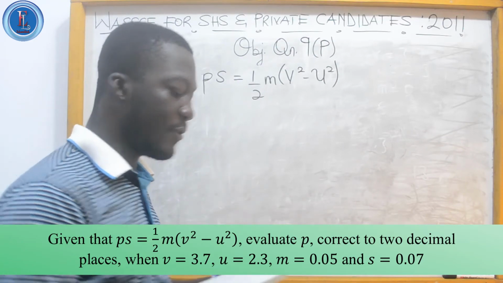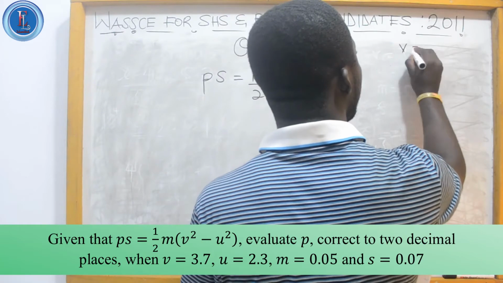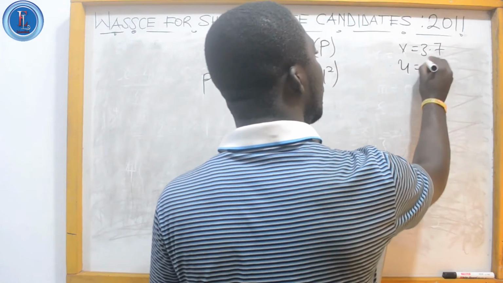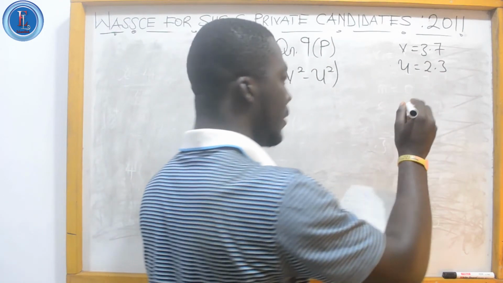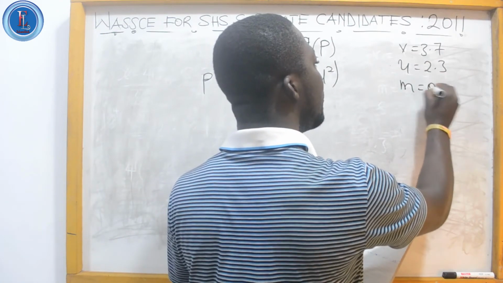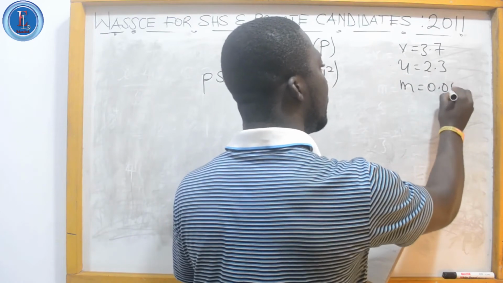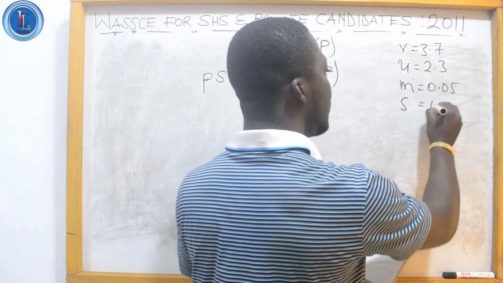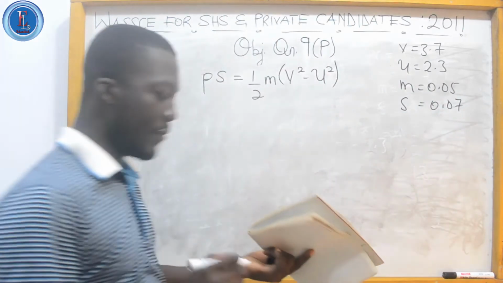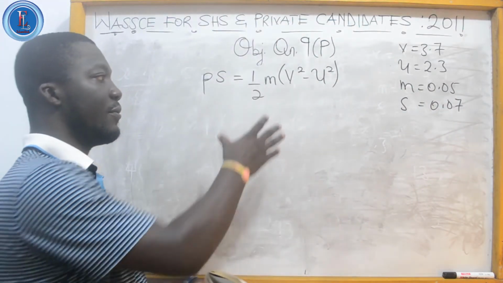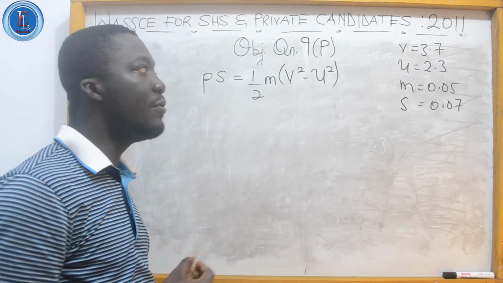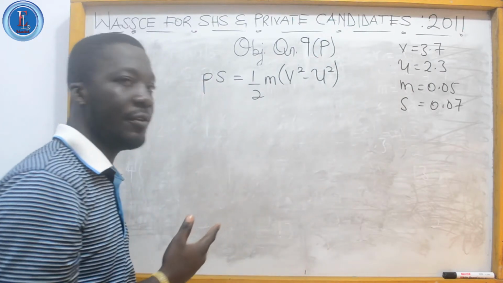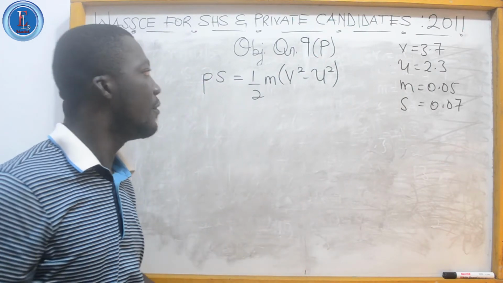When v is equal to 3.7, u is equal to 2.3, m is equal to 0.05, and s is equal to 0.07. So we are to make P the subject of this equation. Afterwards, we do a substitution of the following values and get an actual value for P.